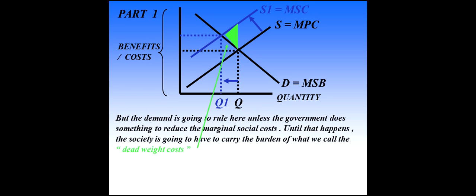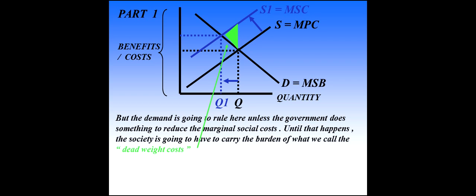But what we have here is that the demand in the market is going to rule unless the government does something to reduce the marginal social costs. And this is where we're going to propose some government action, maybe through taxation, that can reduce the marginal social costs.